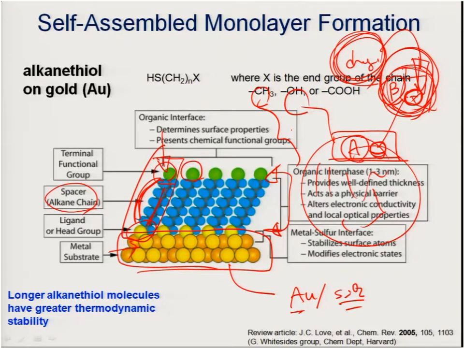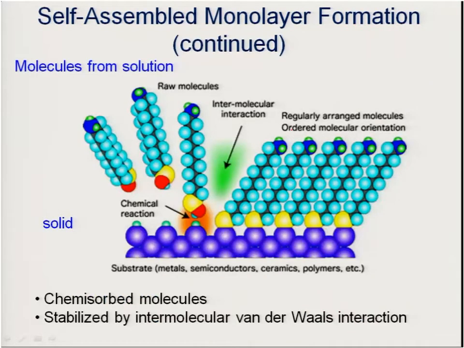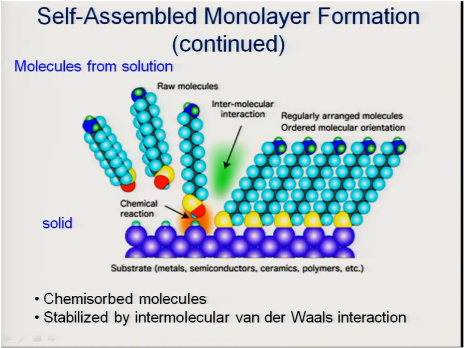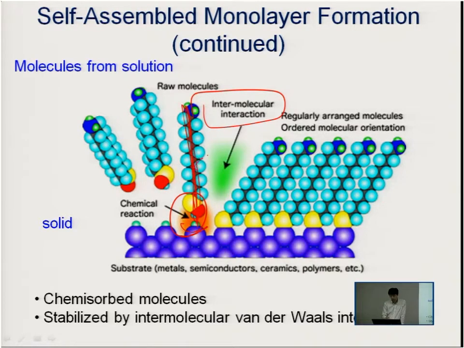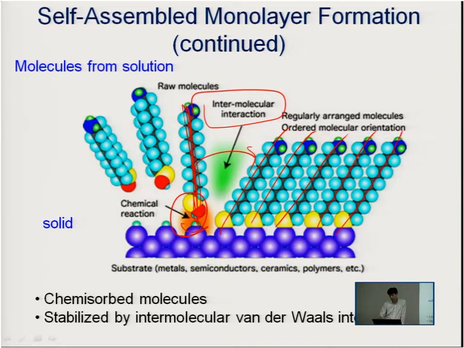When these molecules approach the surface, first they chemisorb to the surface, and then through intermolecular interactions like Van der Waals forces, the bound molecules align toward one direction. Through these two interactions, they compactly form a monolayer like this.